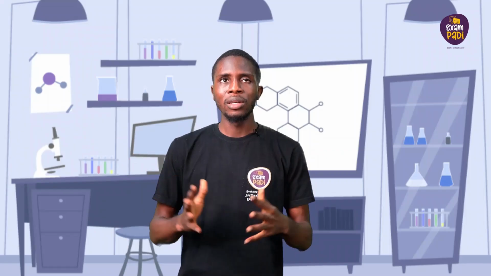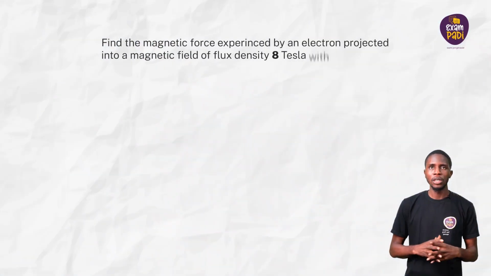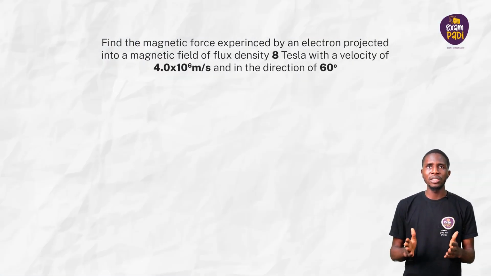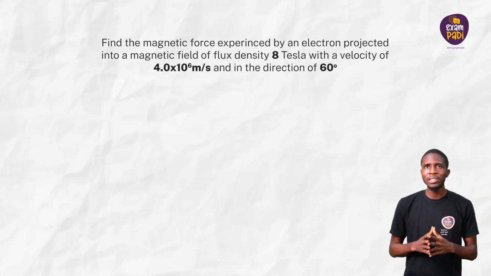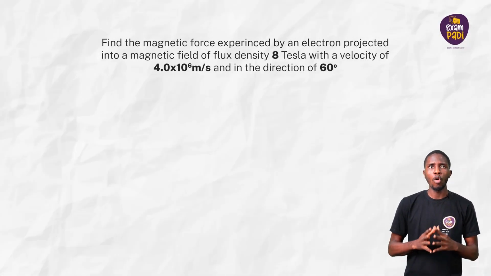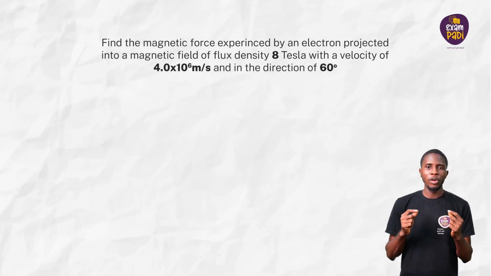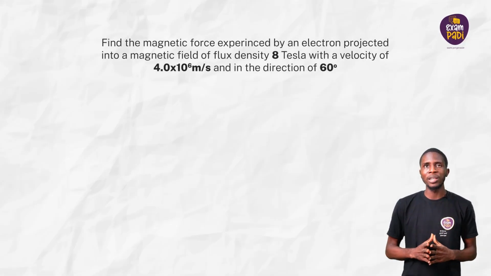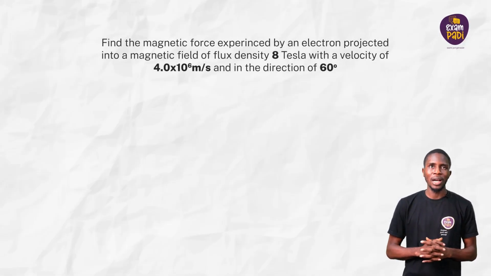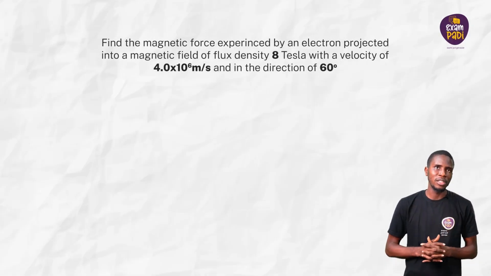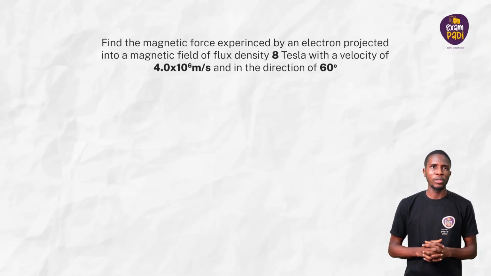Let's take a look at an example. Find the magnetic force experienced by an electron projected into a magnetic field of flux density 8 Tesla with a velocity of 4.0 times 10 raised to the power 6 meters per second and in the direction of 60 degrees. Solution.